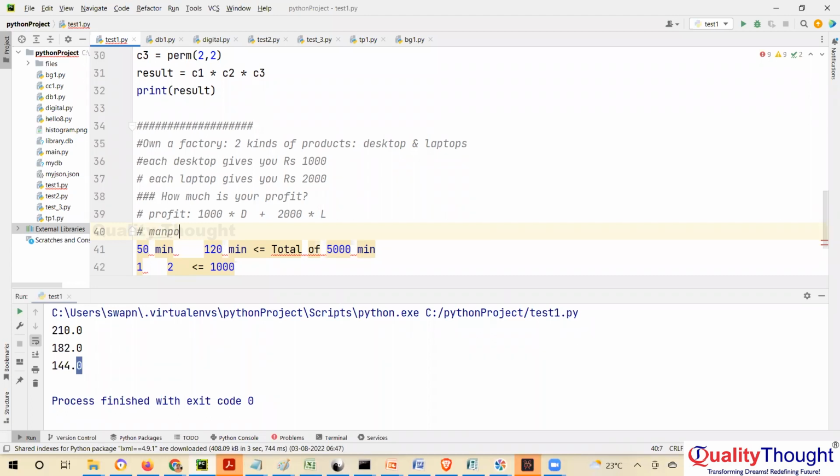The manpower that you have is 5,000 minutes. That means if you focus only on laptops, how many laptops can I make?